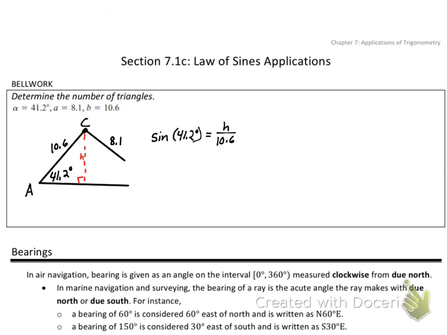Multiply both sides by 10.6, and you're going to see h is going to equal 10.6 times sine of 41.2 degrees. And that gives me that h is about, I think it was 7? Yeah, about 7.